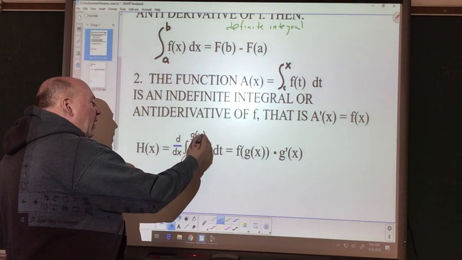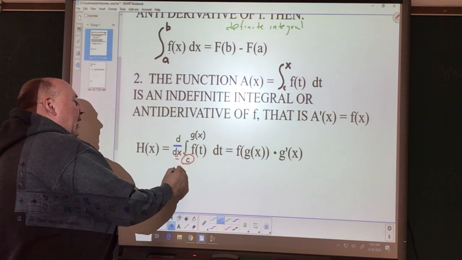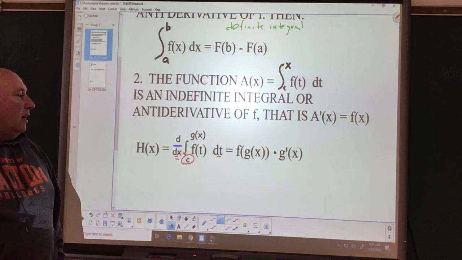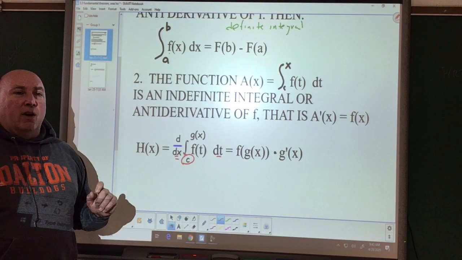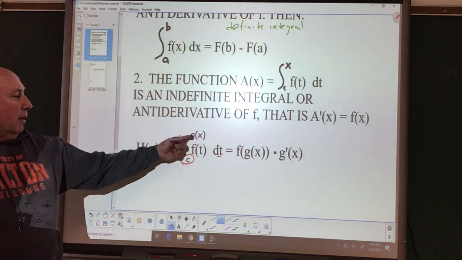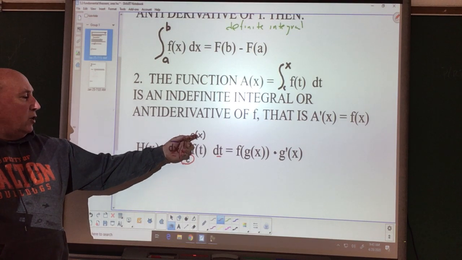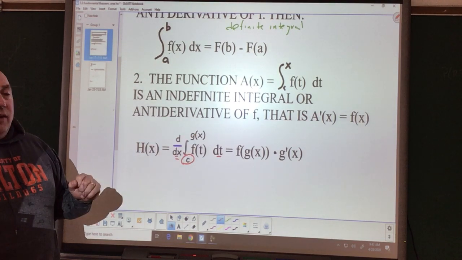So to evaluate the derivative of the integral of f of t, this is a derivative with respect to x, but I have f of t here because my function's here, but my limits of integration are from a constant to a function g of x.